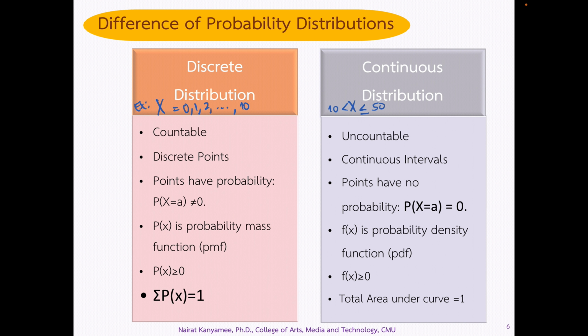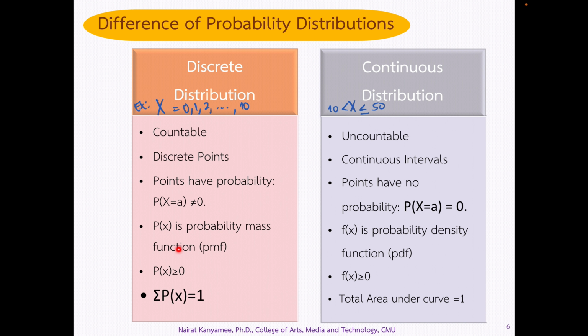For a discrete distribution, we have discrete points and each point has its own probability, so P(X = a) is not 0. But for the continuous case, as we talked about on the previous page, the probability at an exact point is 0. So points have no probability.